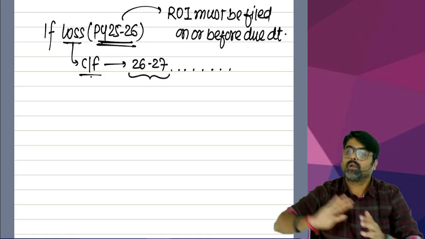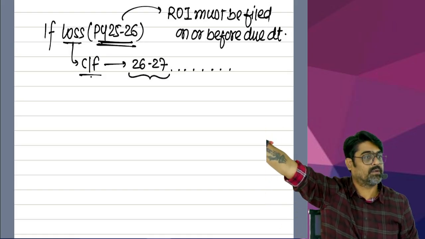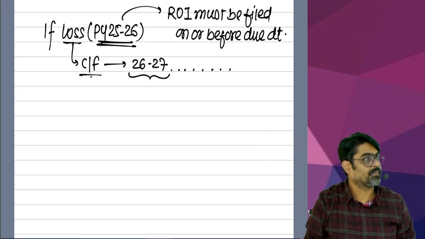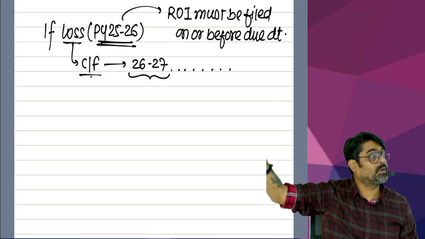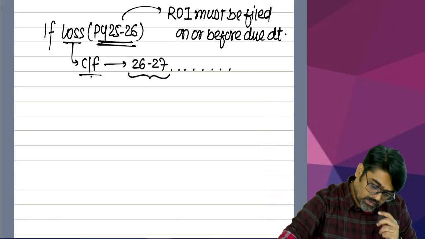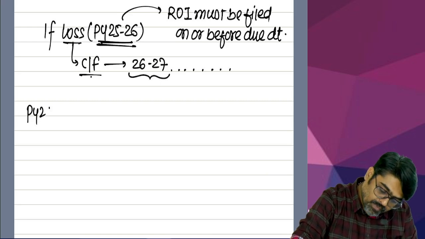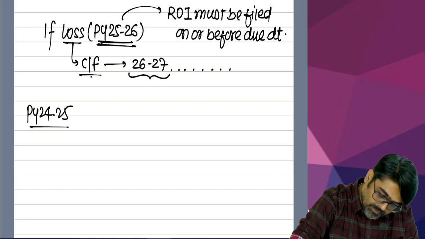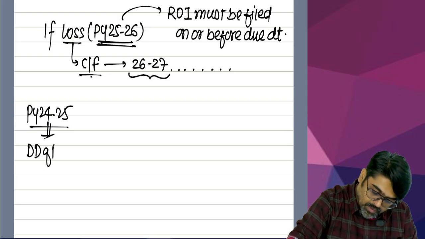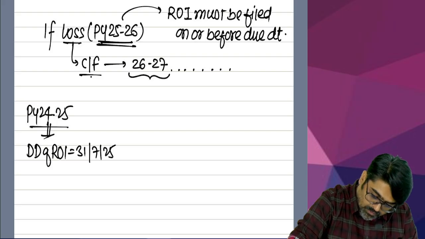What if 24-25, meaning last year? Last year, some losses were there. And you filed your return for the last year on or before the due date. So what was the last previous year? Previous year, 24-25. What was the due date of filing ROI? Due date of ROI for the last year was 31st July 2025.